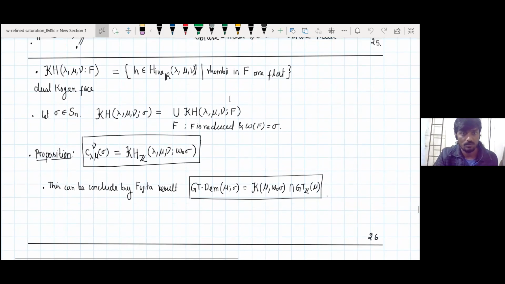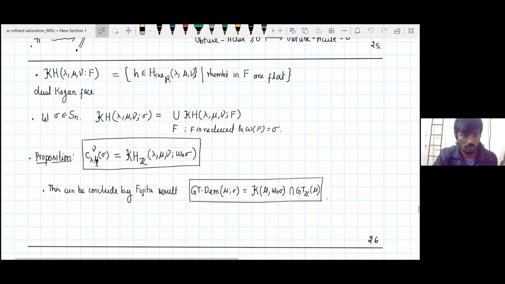That will be the subset, and we call it the dual Kogan face. Similar to GT, if you fix any permutation sigma, we call it KH lambda mu nu sigma, equal to the union of all dual Kogan faces over all reduced faces where the reading word of the face is equal to sigma.